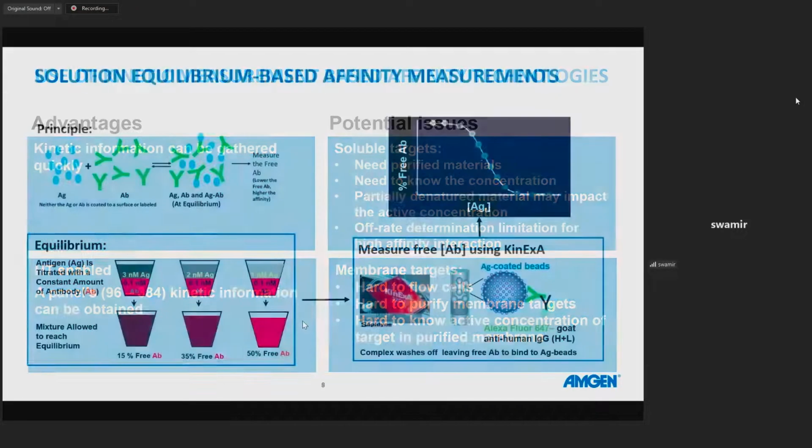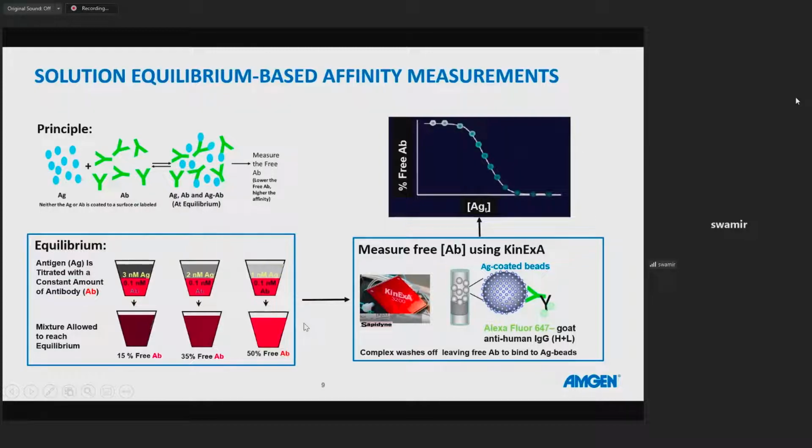The other technology we use for measuring the affinity is solution-based affinity measurements, where you measure the concentration of the reactants or the products, and from there you can calculate KD.